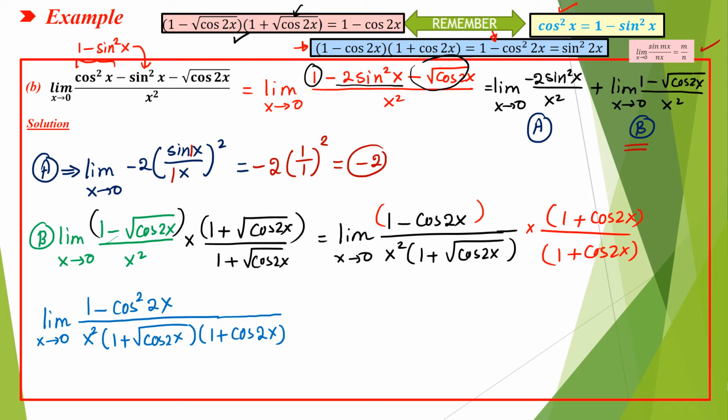And 1 minus cosine squared 2x equals sine squared 2x. So we can remove this one and put sine squared 2x instead.